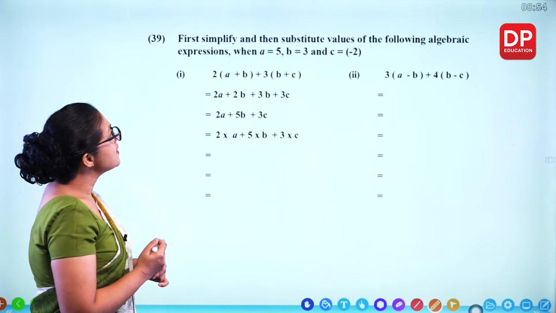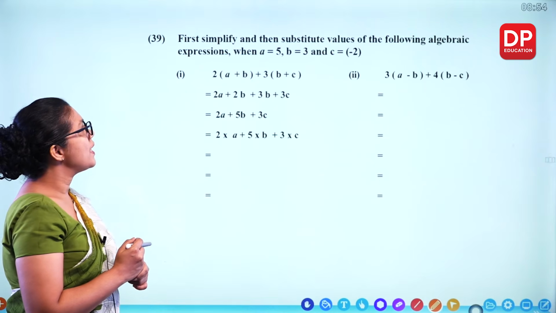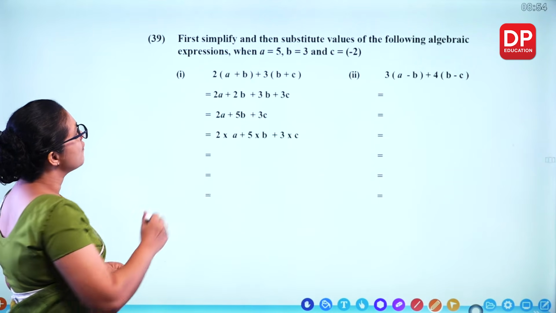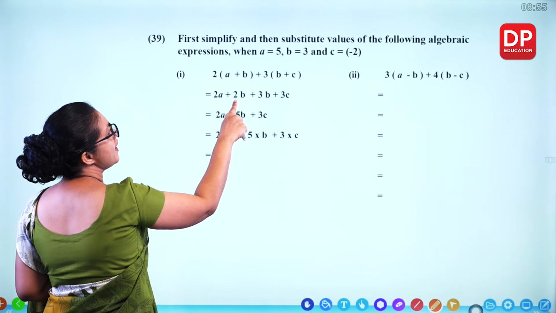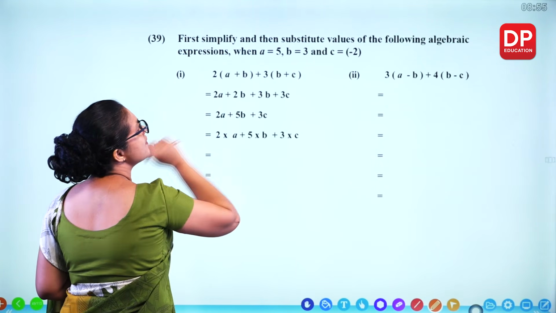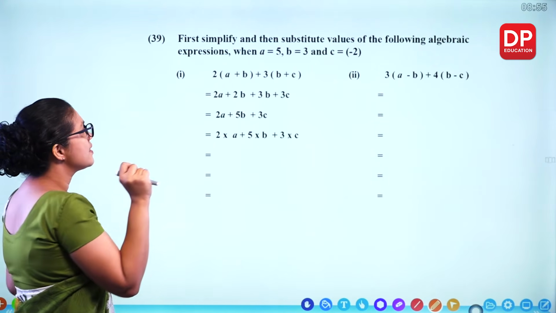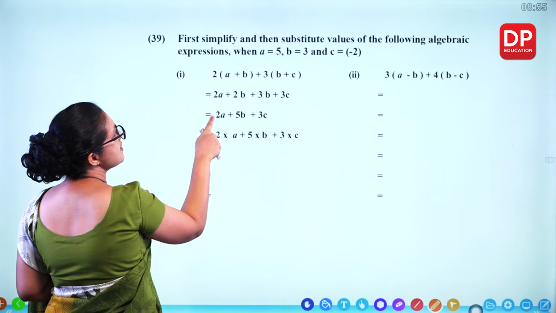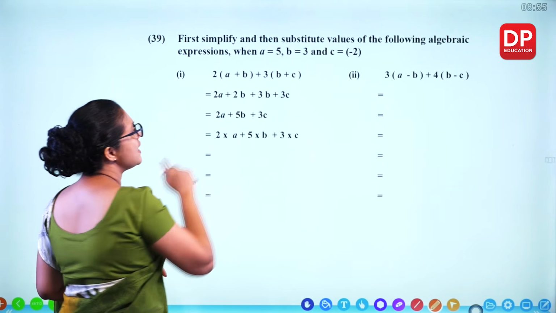In this one, first simplify and then substitute values of the following algebraic expressions when a equals 5, b equals 3 and c equals minus 2. So you have been given this expression. So what do you do? First open brackets: 2a, 2b, 3b, 3c. Then what do you do? Simplify the terms. Add the like terms. 2a you have to write as it is. 2b and 3b becomes 5b, and 3c here.